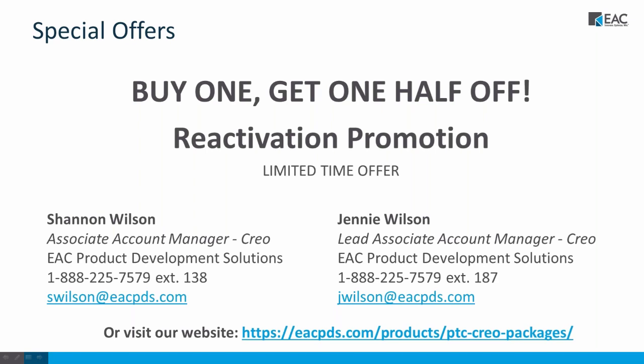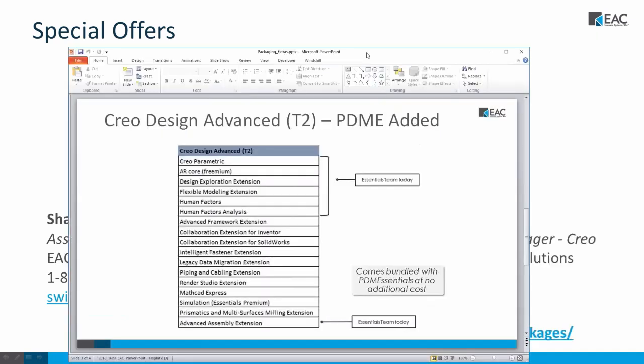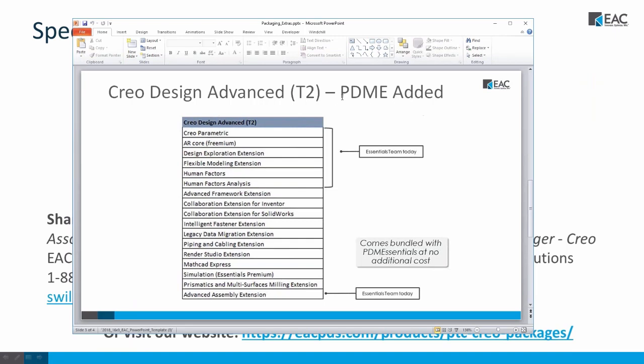I'll throw one thing out there. The T2 that I talked about now has included with it PDM Essentials, right? Comes automatically included with it. So anyone buying T2 automatically gets a seat of PDM Essentials, which they've never really bundled in before.